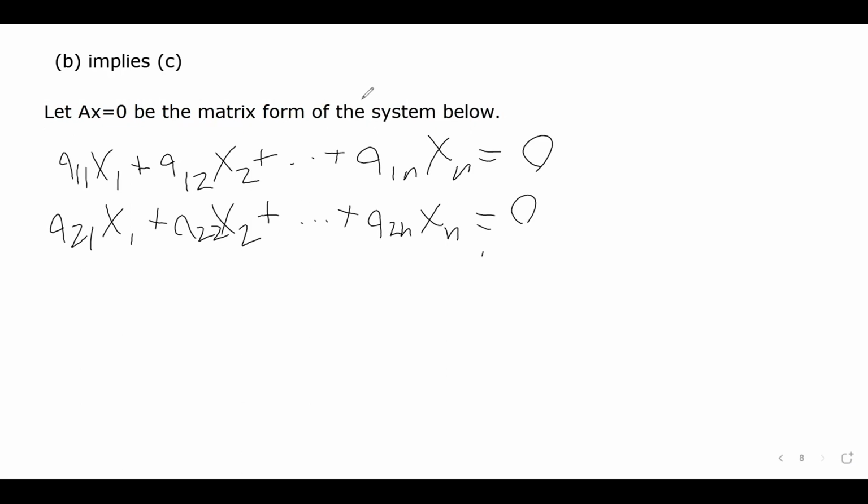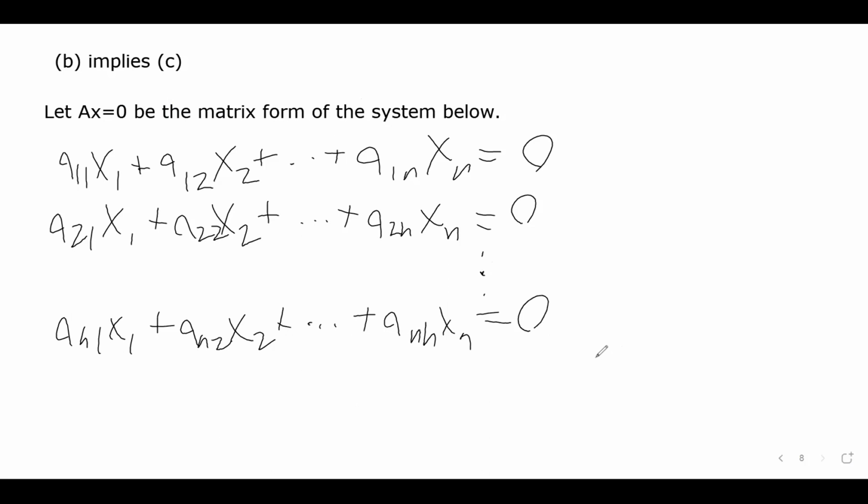Dot dot dot. And then An1 X1 plus An2 X2 plus dot dot dot plus Ann Xn is equal to 0. Okay, so we have that system.